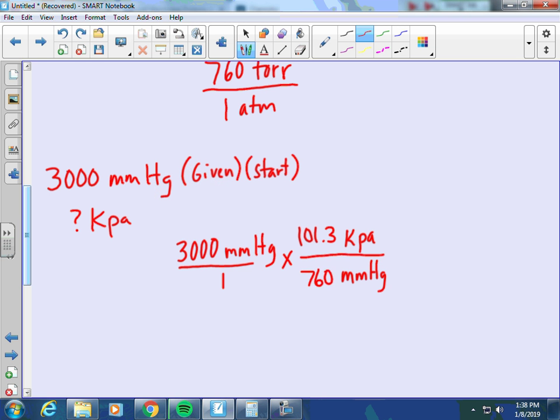Okay, so all I did was walk back through it. I put down what they gave me to start. I wrote times and then a line. I put the unit that I started with on the bottom of this line, and I put the unit that I want to find, kPa, on top. Then I just filled in my conversion numbers from the chart we made earlier in the notes.